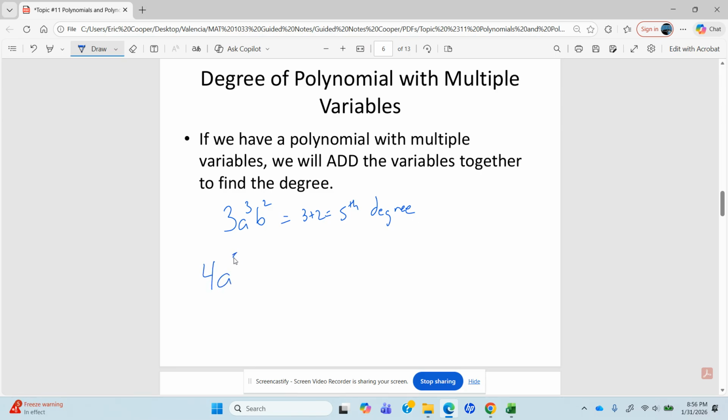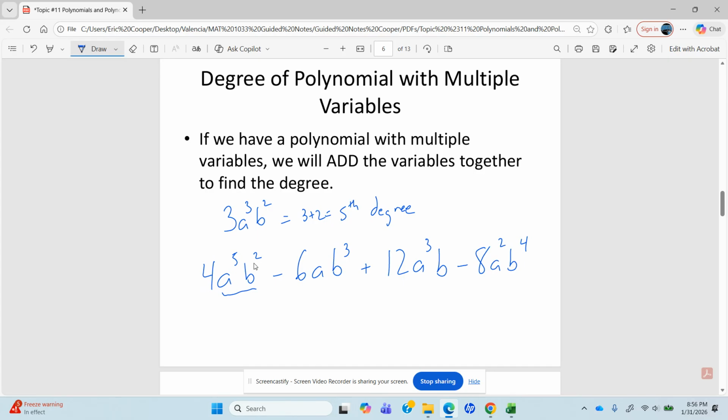Let's write out a polynomial. We have 5a to the 5th b squared, minus 6a b to the 3rd, plus 12a to the 3rd b, minus 8a squared b to the 4th. To find the degree of this polynomial, we look at all the exponents and figure out which one's the highest.